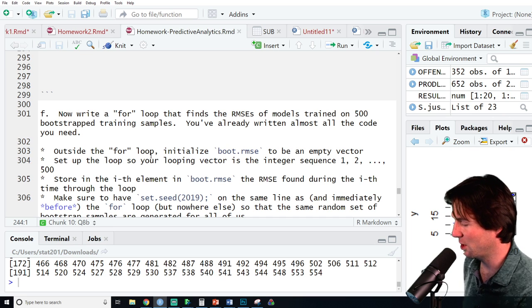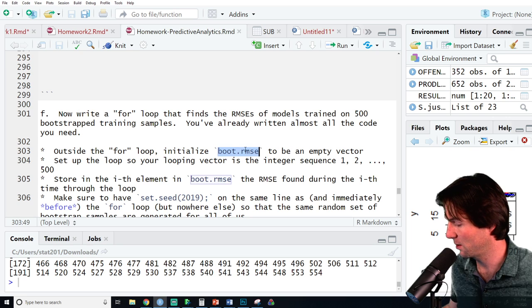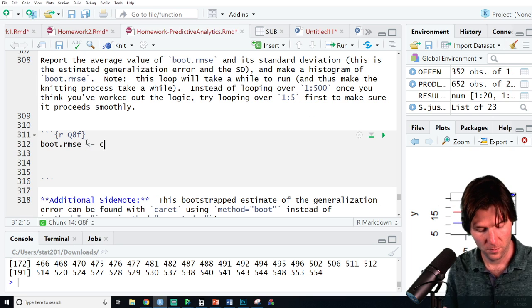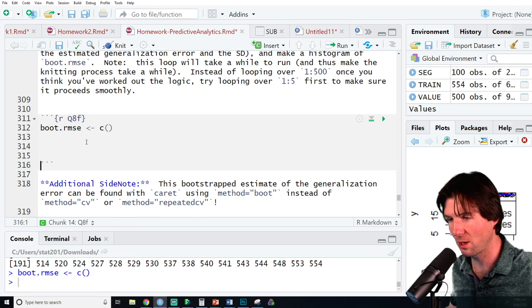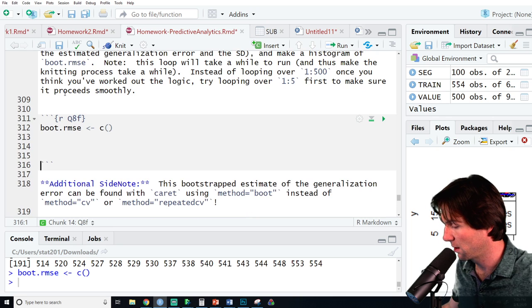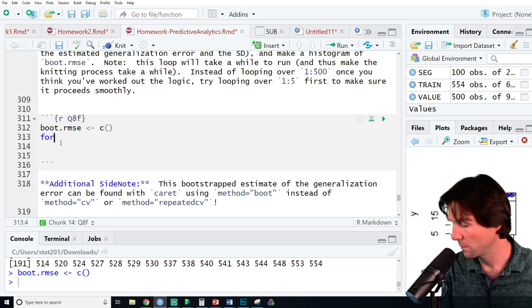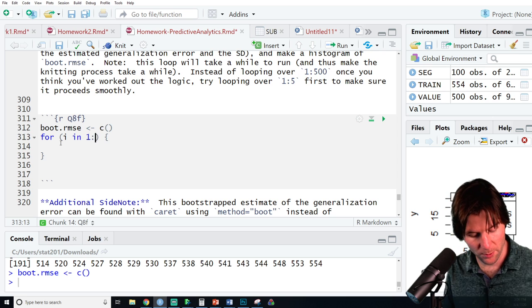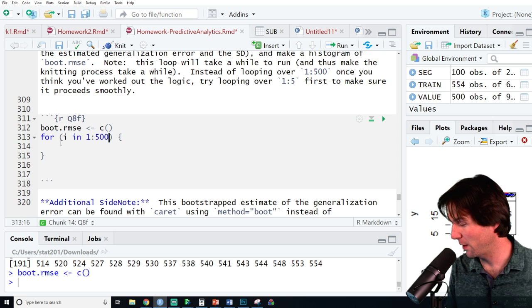Outside the for loop, initialize this. So here's the... Let's do this. How do we initialize something? So that has been initialized. Set up the loop so that your looping vector is the integer sequence. So I will go through vector 1 through 500.